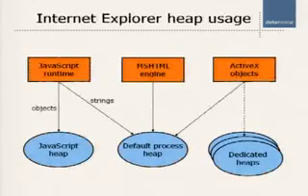So in this part, we're going to talk about the internals of Internet Explorer. There are three main components of Internet Explorer that are relevant to our exploitation efforts. Those are the JavaScript runtime engine, which most of its code is located in jscript.dll. The MSHTML rendering engine, which is responsible for rendering HTML.